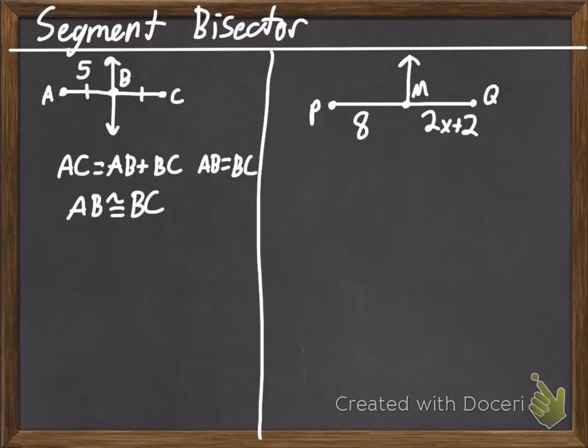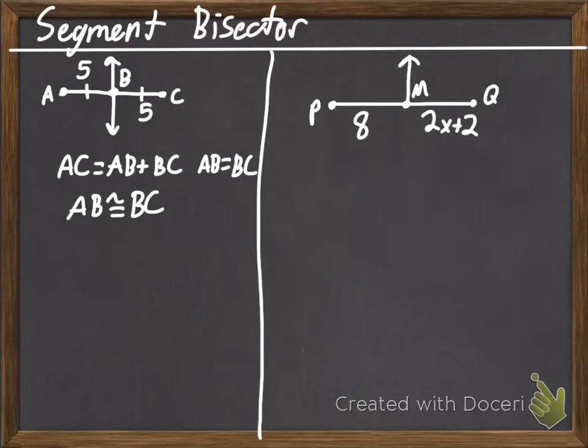Well, because it's a bisector, and AB and BC are equal, that means that BC is also 5, which means that AC would be 10. So we're basically looking at a bunch of segments that are just cut in half.